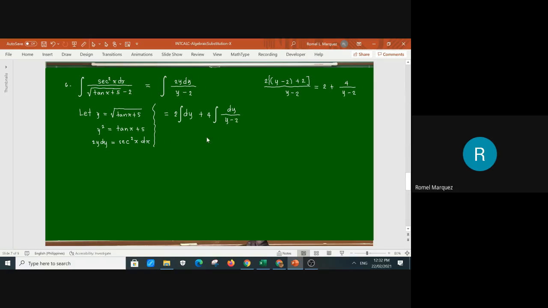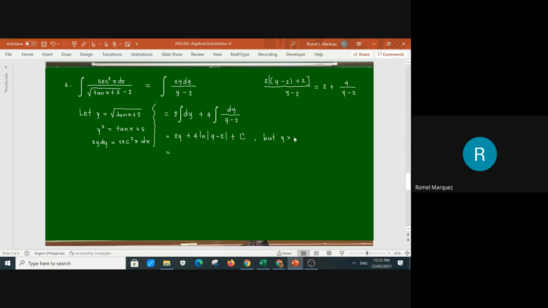For the first integral, we have 2y. What about the second integral? 4 ln of the absolute value of y minus 2, plus c.